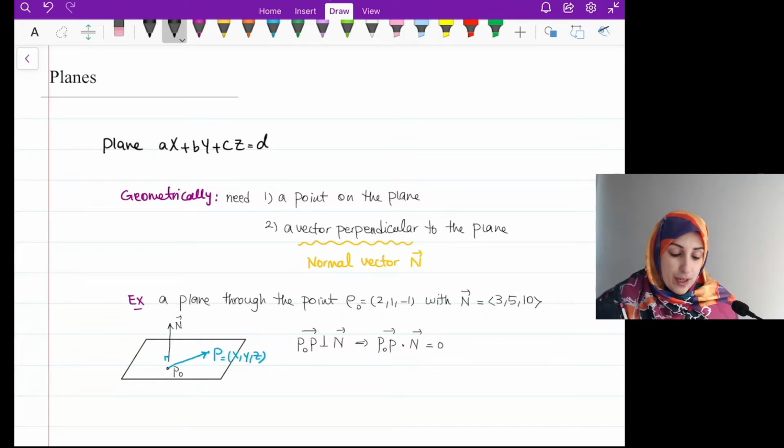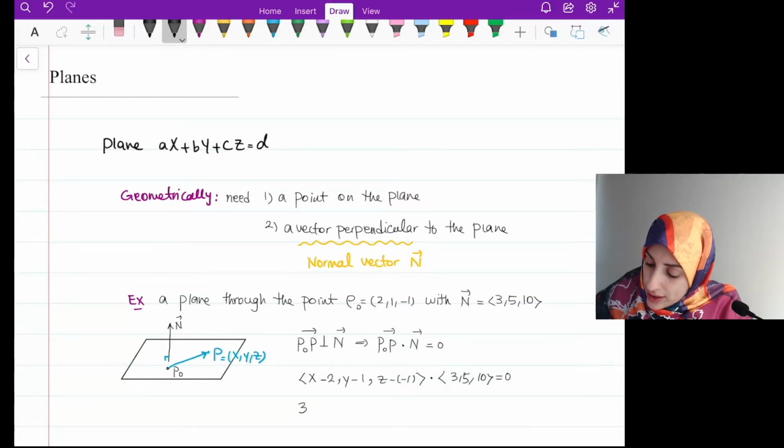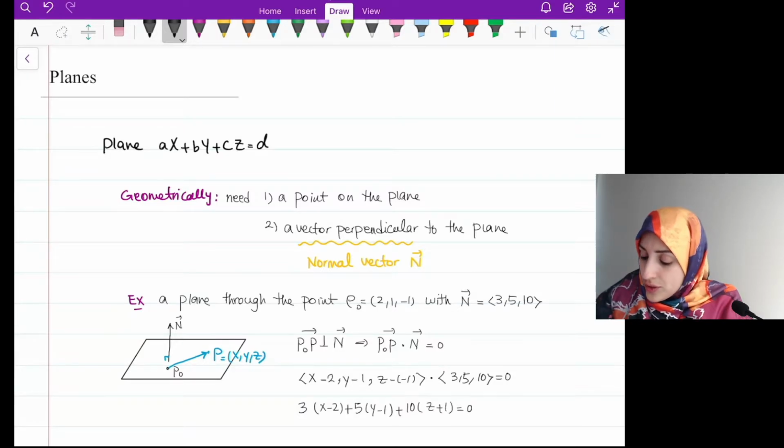is 0. P0P would be the coordinates of P minus the coordinates of P0, so it would be (x minus 2, y minus 1, and z minus negative 1), dot product with the vector (3, 5, 10). This dot product is 0, so it would be 3(x minus 2) plus 5(y minus 1) plus 10(z plus 1) equals 0.